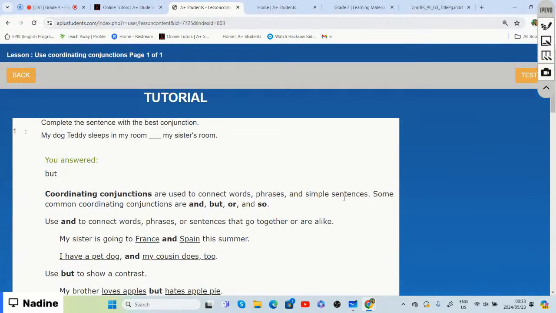All right, so before we go on to our test, we're going to complete the sentence with the best conjunction. My dog Teddy sleeps in my room, my sister's room.